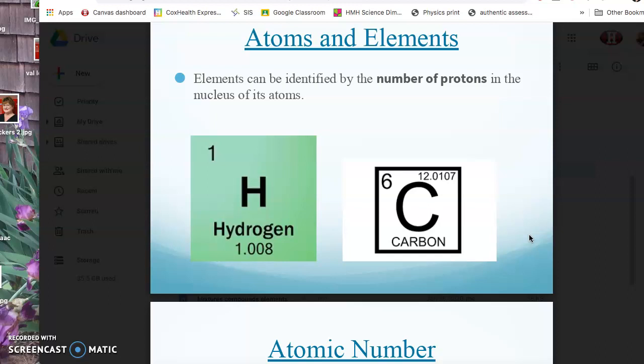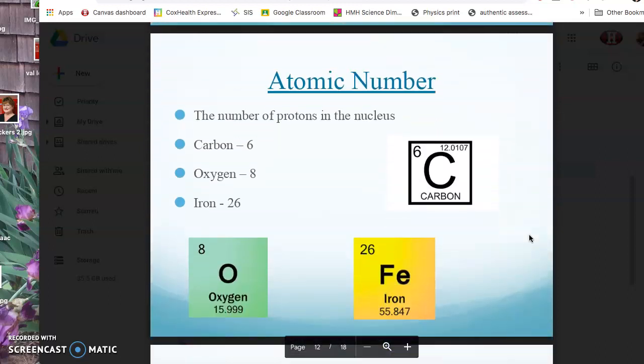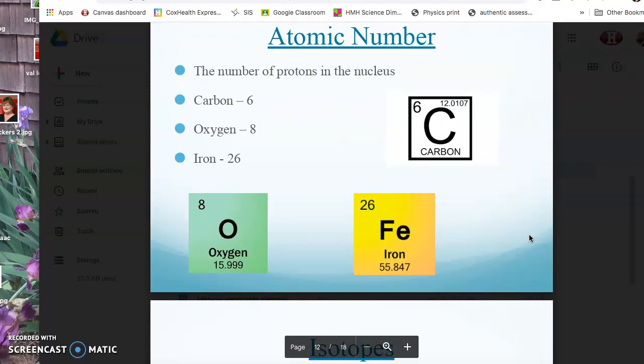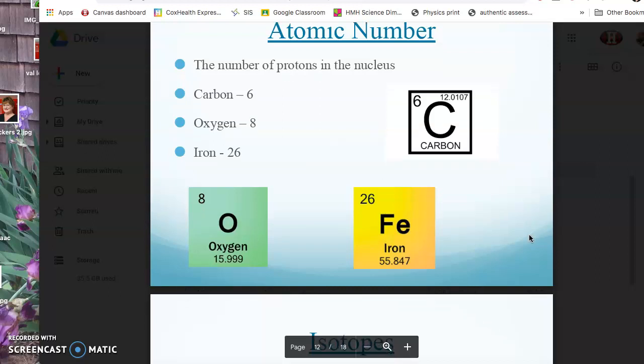So the whole number on the periodic table, which is called its atomic number, is going to tell you the number of protons. Okay, so the atomic number tells you the number of protons in the nucleus. Carbon has 6, oxygen has 8, and iron has 26. So you always look at the whole number, the atomic number, to find the number of protons.